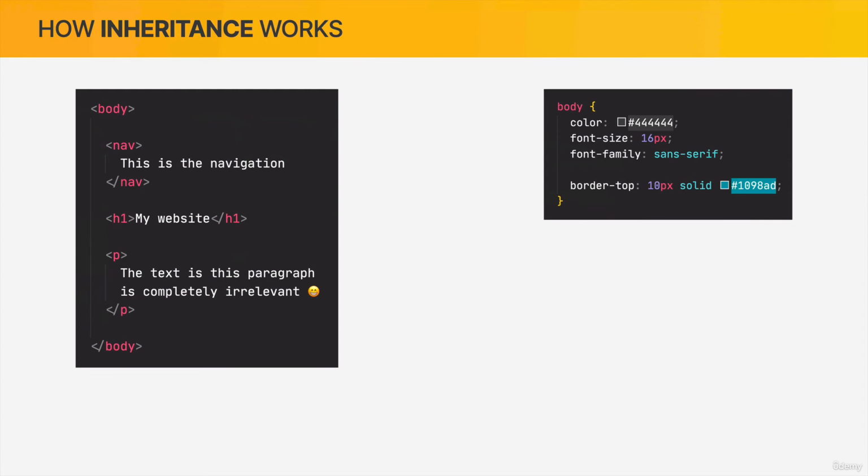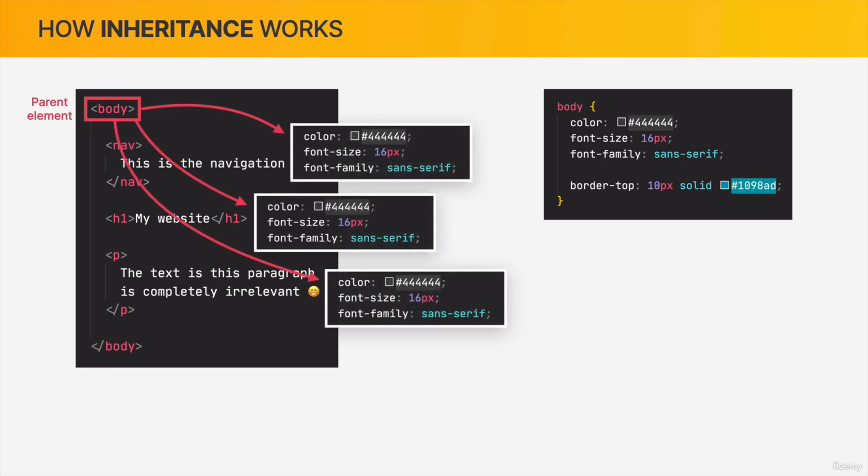So here we have a very simple example of a web page which simply contains a navigation, an H1, and a P element. And on the right side, we also have some styles for the body element. And in particular, the color, font size, font family, and border top. Now, of course, the body element here is the parent element of all these other three elements. And so, therefore, thanks to inheritance, all of these three elements basically get access to these three properties that are inherited.